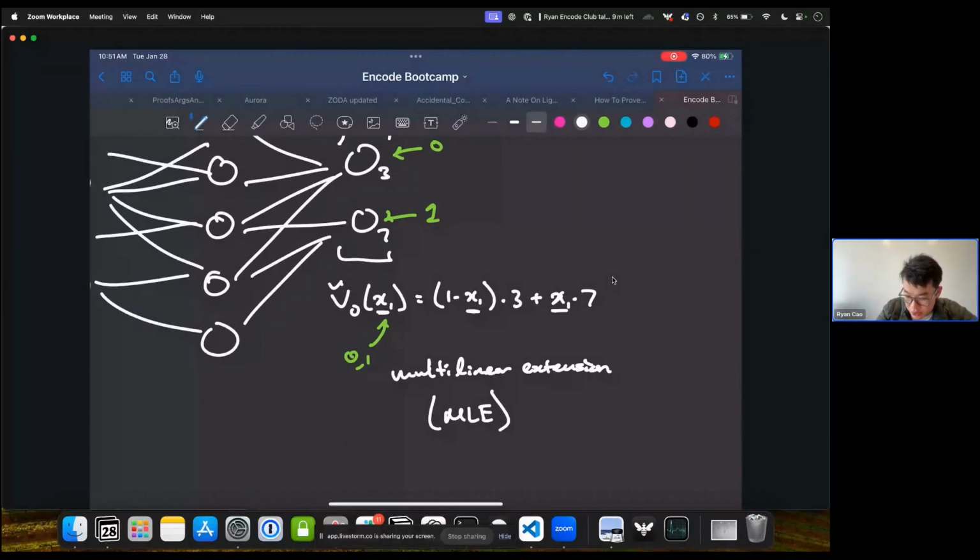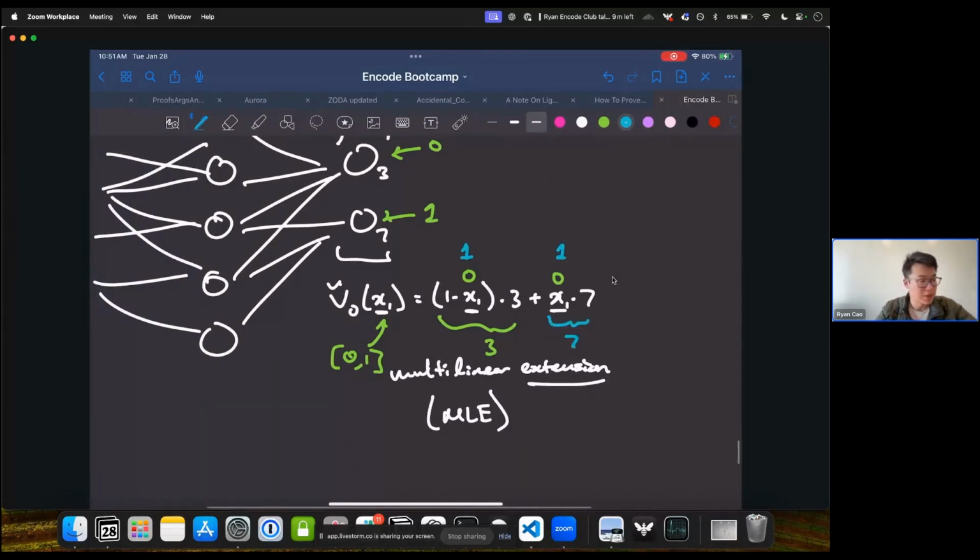And the reason it's called an extension is that when you evaluate it at 0, this term will be 0, therefore only this term survives, and you get a 3. When you evaluate it at 1, 1 minus 1 is 0, so this term cancels and only this term survives, so you get 7. In other words, when evaluated over what we call the Boolean hypercube, or basically all of the binary values, we get the original vector back.